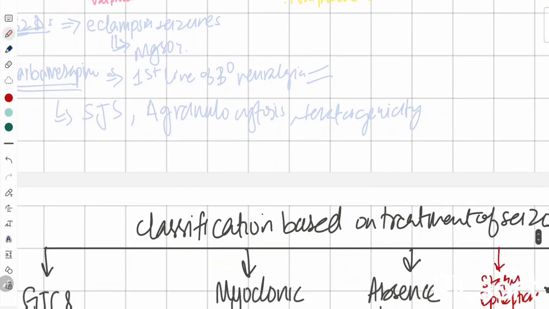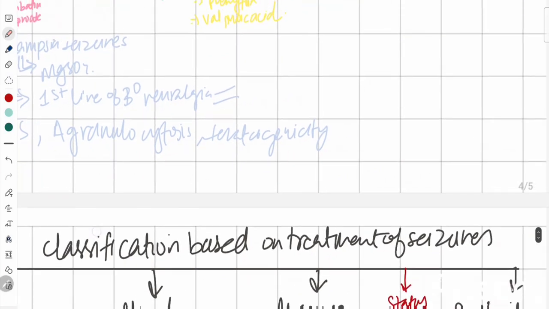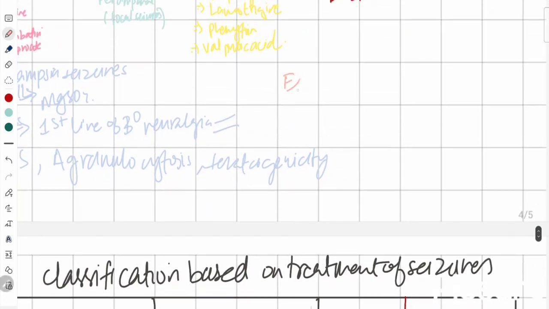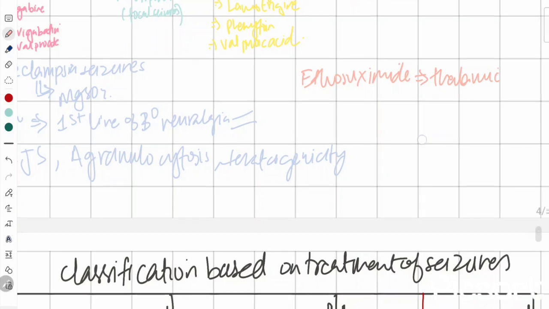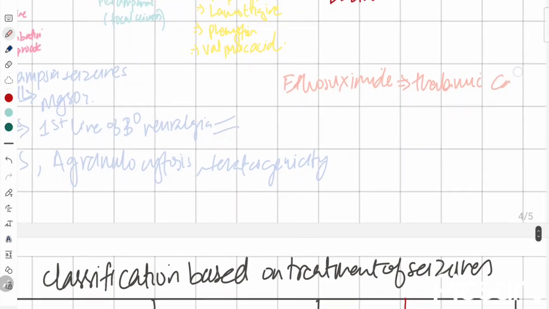The next is ethosuximide. For ethosuximide, the important thing to know is that this affects thalamic calcium channels. So that is why it is used in absence seizures. And the big adverse effect is Stevens-Johnson syndrome.